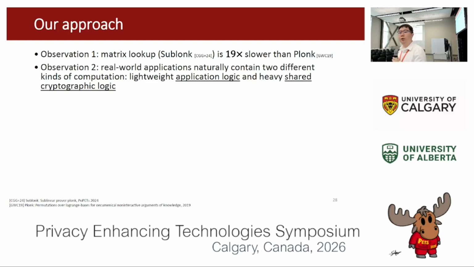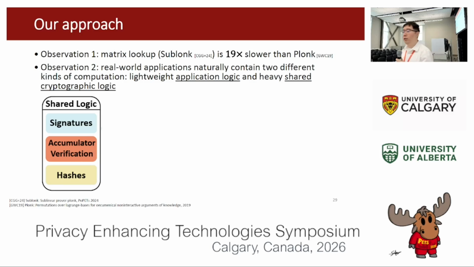And our second observation is that in real-world applications, an application usually contains two parts of computations: the lightweight application logic and the heavy shared crypto logic. In the shared crypto logic, usually every transaction has signatures. We have accumulator verifications like RSA accumulators or Merkle trees, and usually the circuit needs to check lots of hashes.